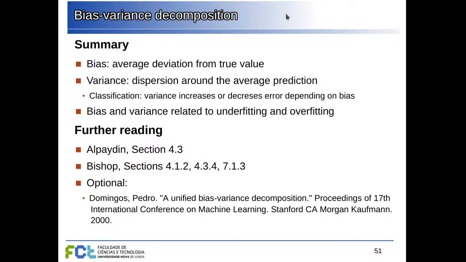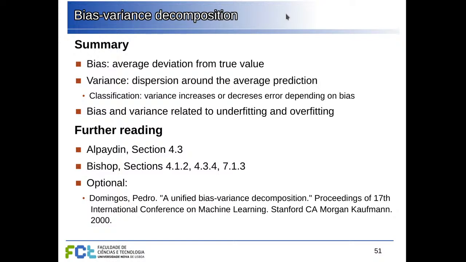Variance is the dispersion around the average prediction. So the more powerful the model is, the more it tends to jump around in different hypotheses when we train with different training sets. Note that in classification, variance may increase or decrease the error depending on the bias on that point. So if the point is being misclassified by the majority of the hypotheses, then a larger variance is better than a lower variance, because it means there is a larger minority that is classifying it correctly.